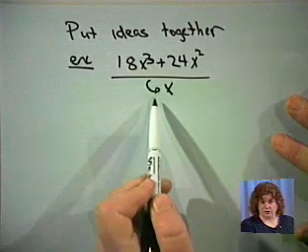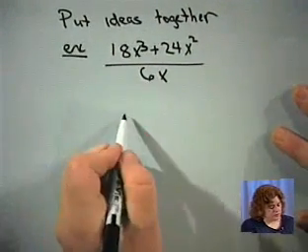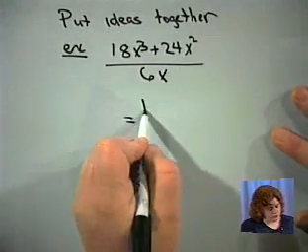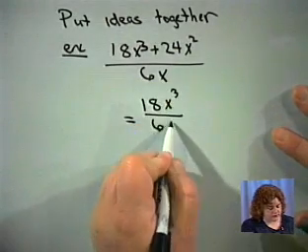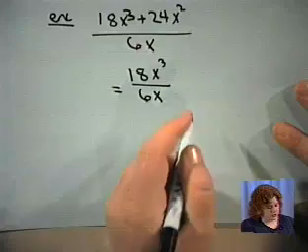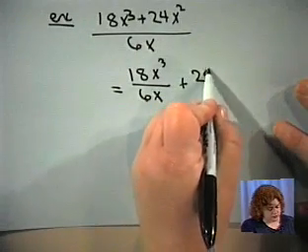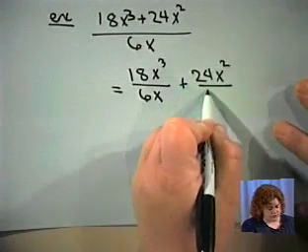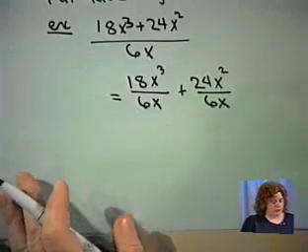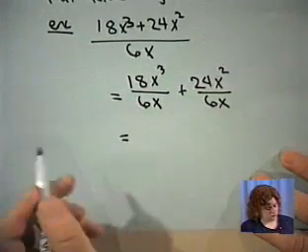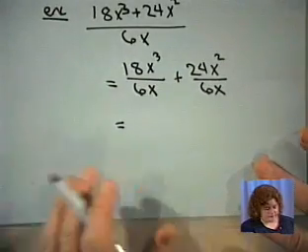You can think of it as being over a common denominator, if that will help you. And we'll write that as 18x cubed divided by 6x plus 24x squared divided by 6x. So we're breaking up what we had before into two terms added together.